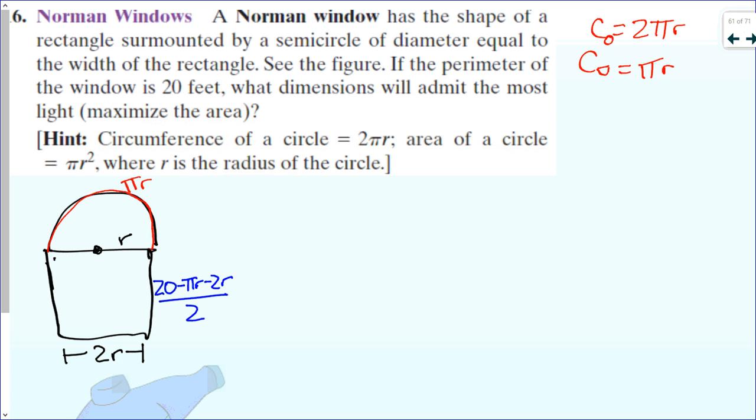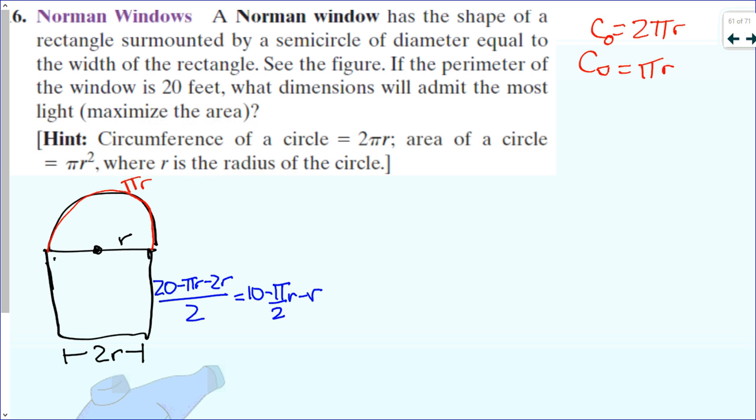We have used up pi r at the top and 2r at the bottom. So if we want to write that as a singular amount, we could, but it's not going to help us too much because not all of these are divisible by 2. But again, if we wanted to, we could write it as 10 minus pi over 2 r minus r, if we want to simplify it.